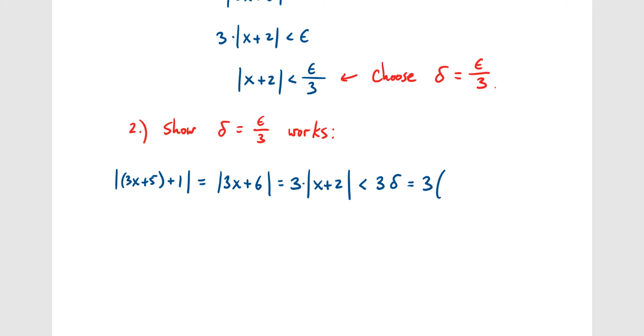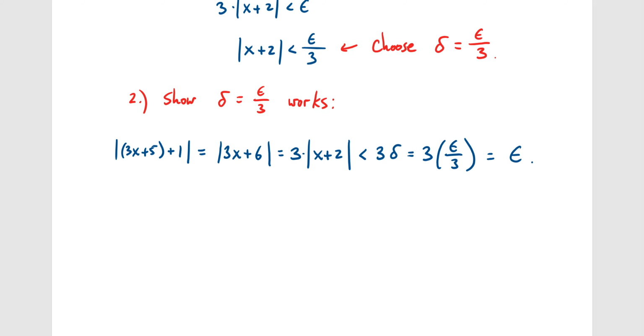So that's 3 times epsilon over 3. The 3's cancel, and we get epsilon, which once again is our goal, to show that this is less than epsilon using our delta value in terms of epsilon. Okay, so we just showed that, and that's pretty much it.